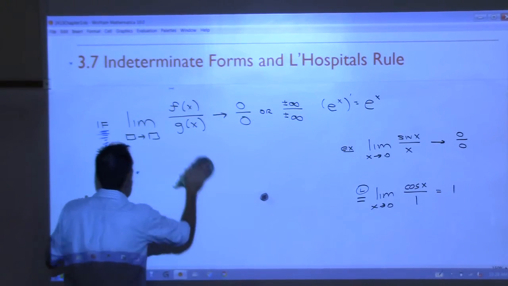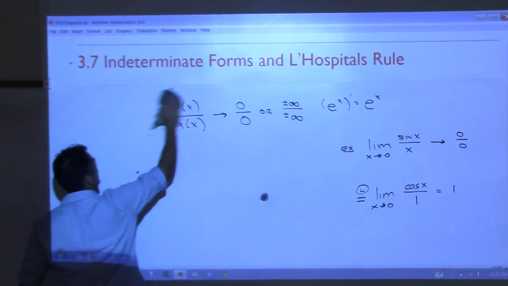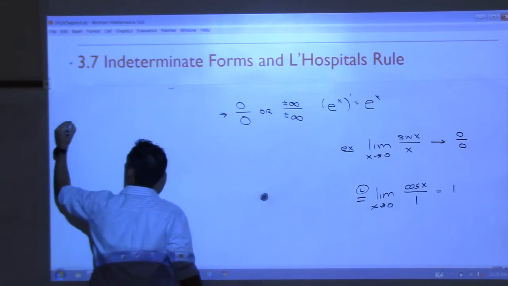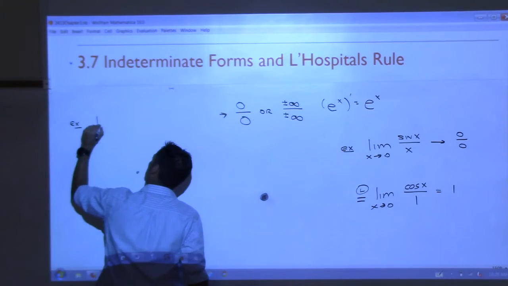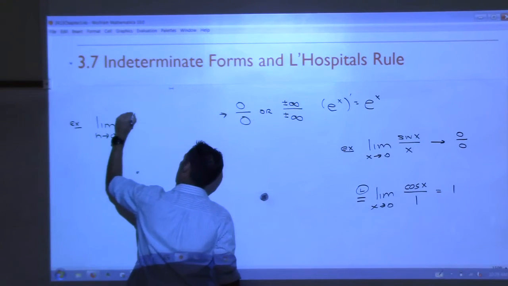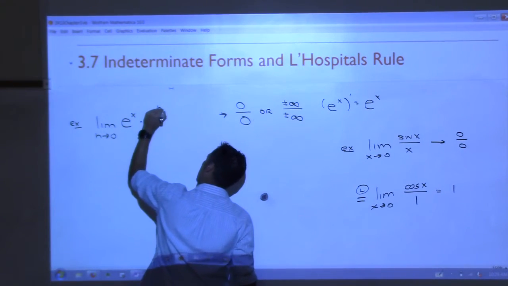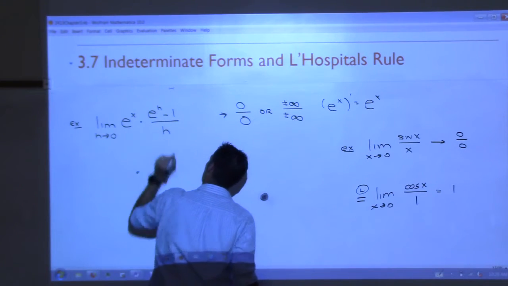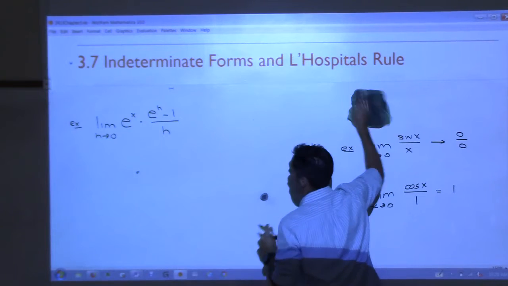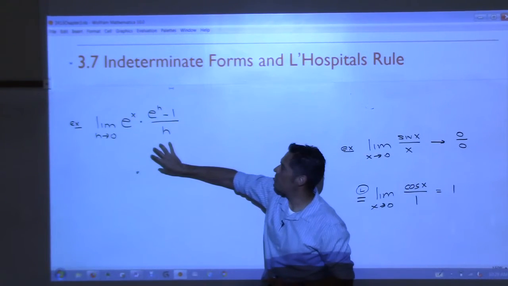Let's do that other one with the e. Look at this one. Limit as h goes to 0. We had e to the x times e to the h minus 1 over h, right? That's what we had. And I said that this goes to 1, but I can't show you how.